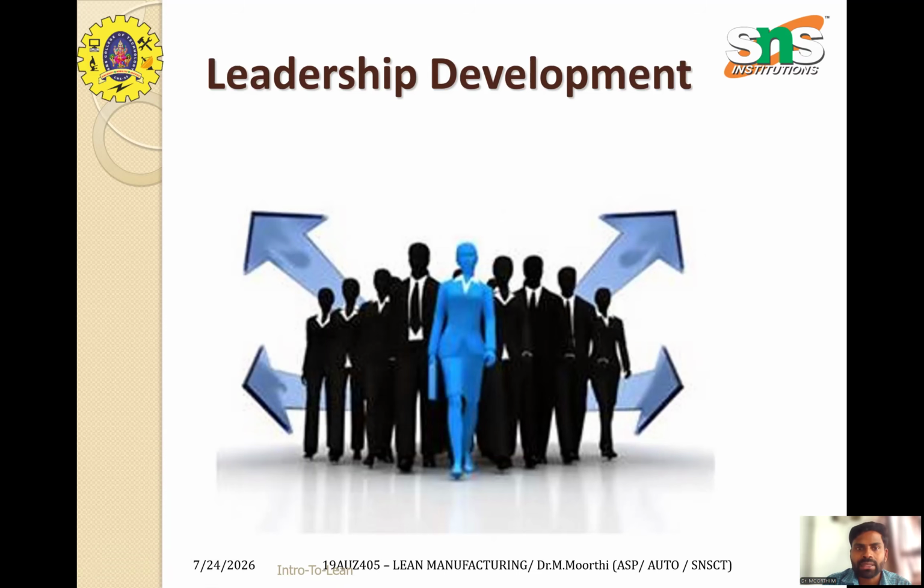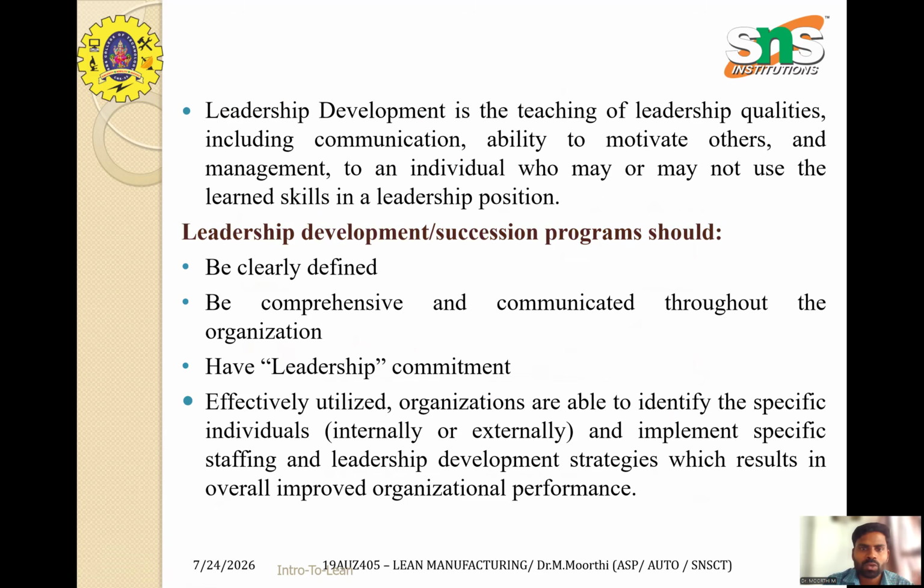So in that aspect, leadership development plays a major role. Here, leadership development is the teaching of leadership qualities, including communication with employees or customers, the ability to motivate others, and management, to an individual who may or may not use the learned skills in a leadership position.